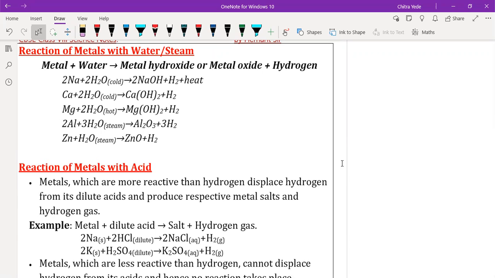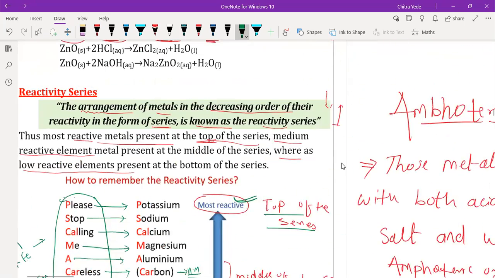We have already understood the basicity of the oxide of sodium. When the oxide of sodium reacts with water, it forms sodium hydroxide. So here the reaction is very similar, though not always, to the reaction that we already discussed.